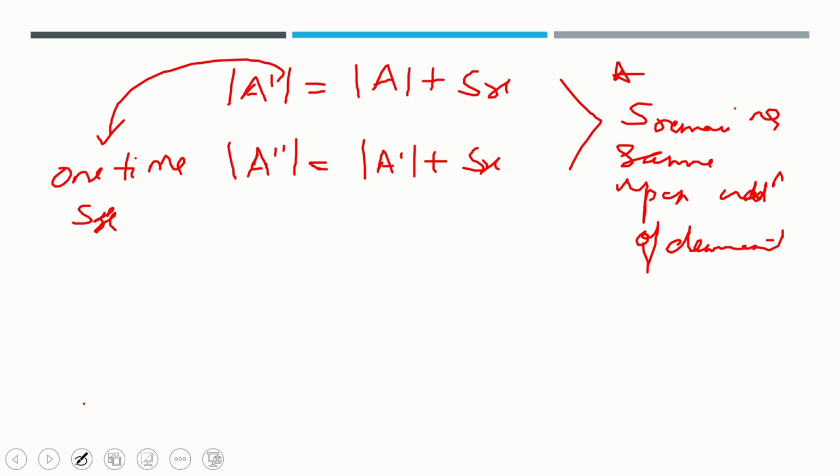I'm not saying that you have to add on the same element. Same element, or you can take different elements also.